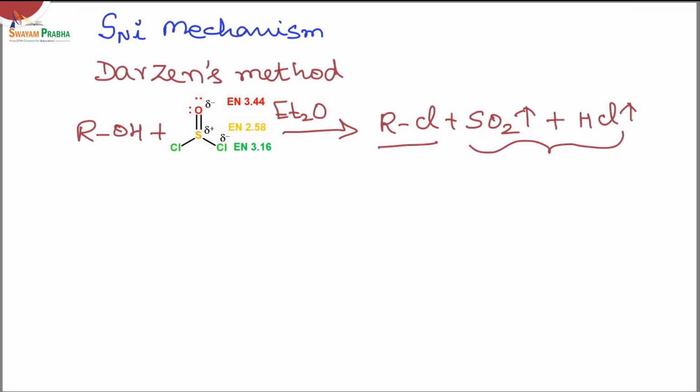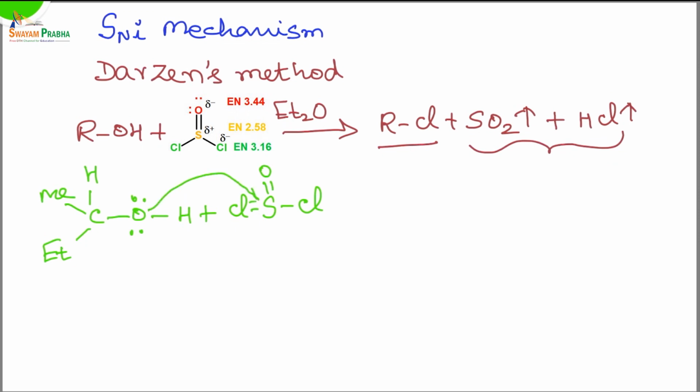Let us look at the mechanism for this particular reaction. Let us take this alcohol. The oxygen has a lone pair of electrons. So in the first step, the oxygen bonds with the sulfur with the concomitant removal of the halide. So this gives an intermediate.